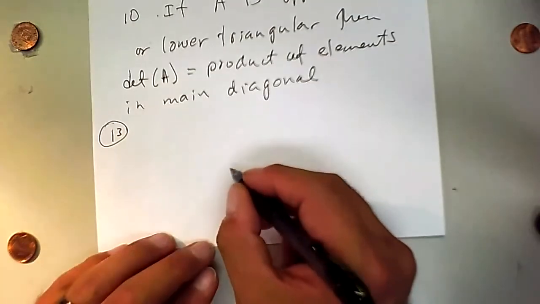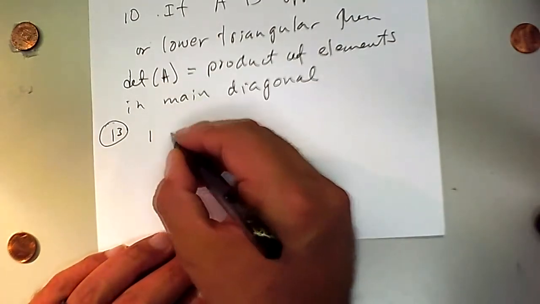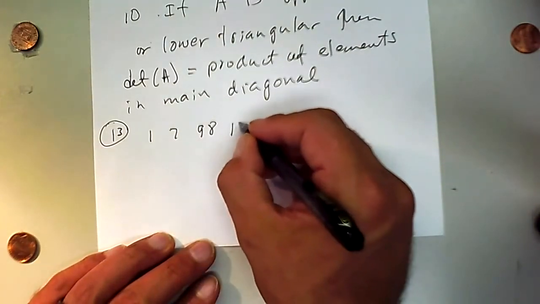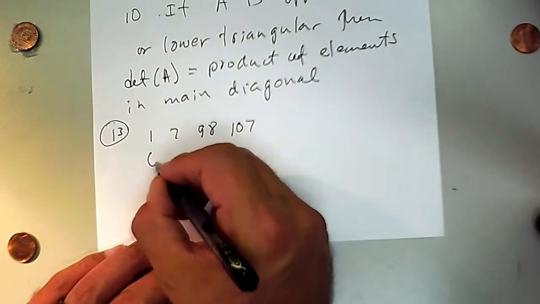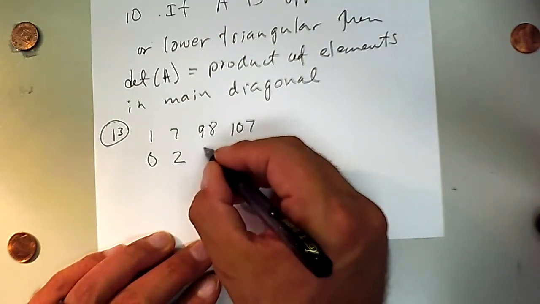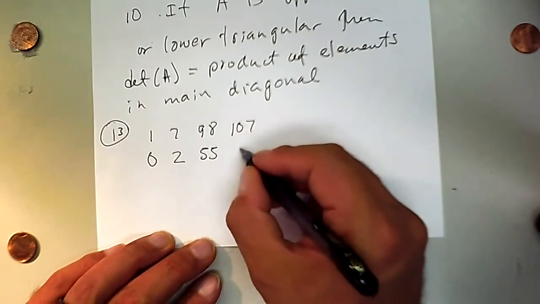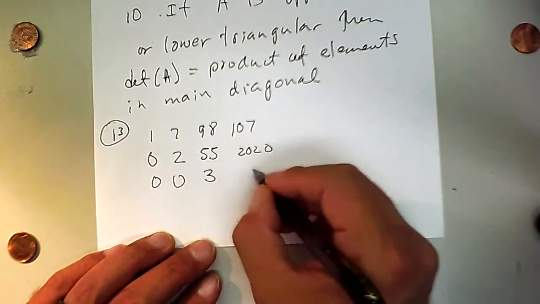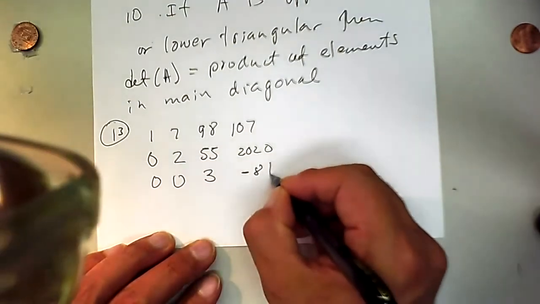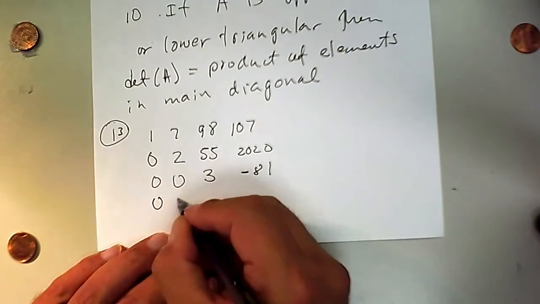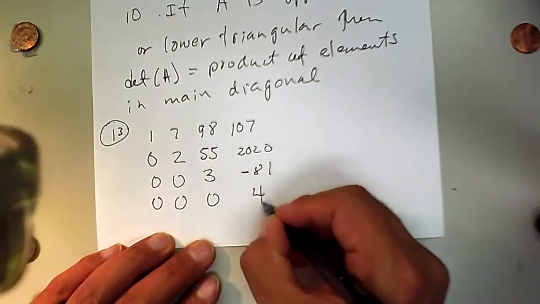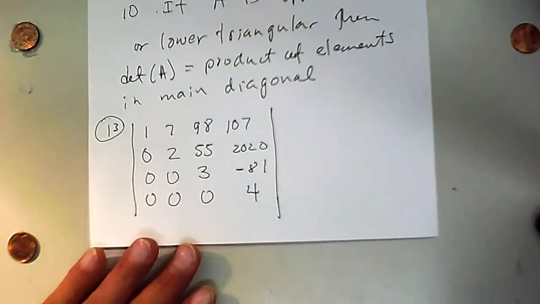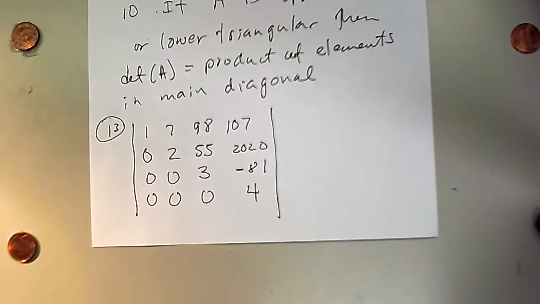Say you have 1, 7, 98, 107, 0, 2, 55, 2020, 0, 0, 3, negative 81, 0, 0, 0, 4, and we want to find this determinant. We have enough room in this page to do that.